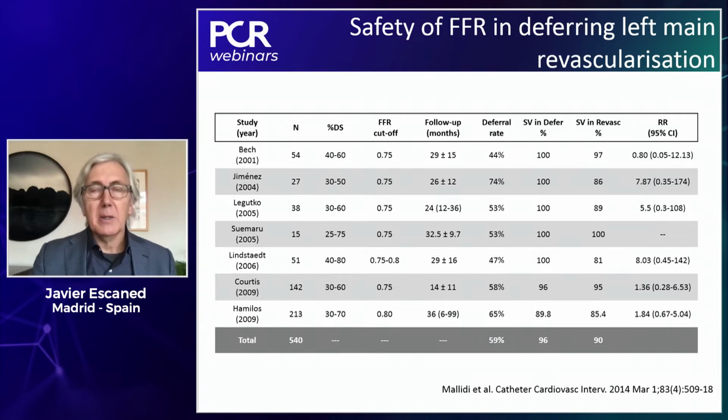Typically, what these studies have demonstrated is that deferral of revascularization in stenosis with a non-ischemic FFR value is as safe as treating stenosis that has ischemic FFR values. So basically, this is the way that we have compared so far. And I will leave it at this point, and we can, if you wish, discuss some of the aspects related to the practicality of using physiology in the left main.